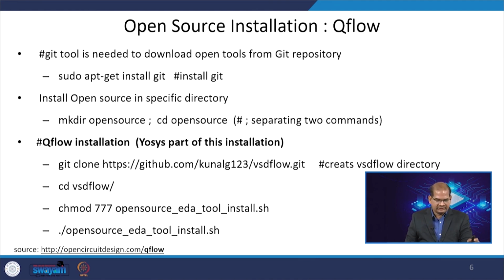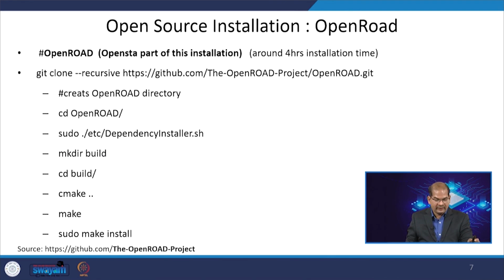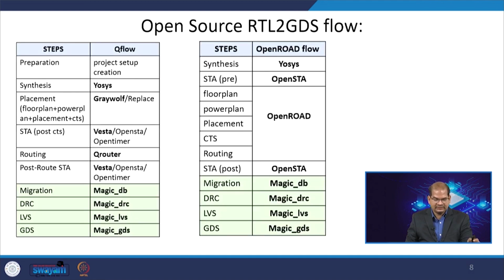This is about the Qflow installation, and Yosys is part of this installation. So, you have to go through these steps to do the Qflow installation. Similarly, for OpenROAD and OpenSTA, you have to do these steps to install OpenROAD or OpenSTA.